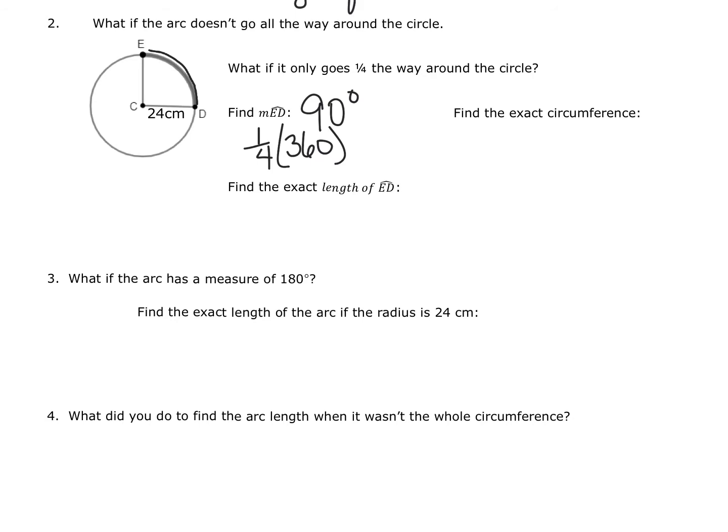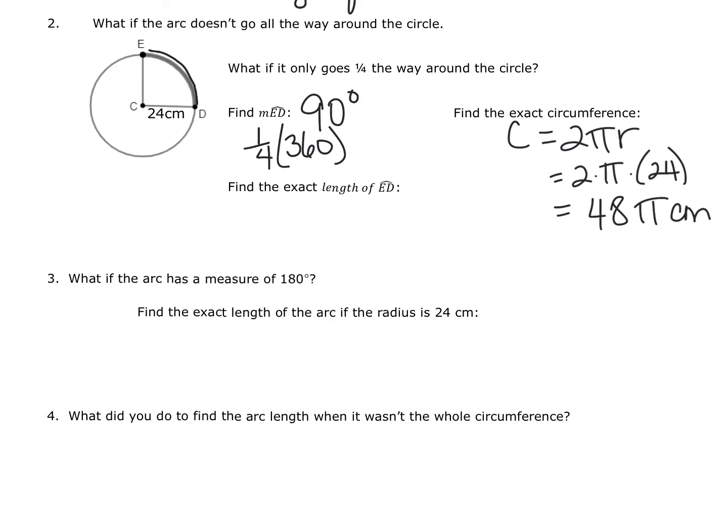Now to find the exact circumference of the circle, we know the circumference is 2 pi r, so that is 2 times pi times 24, which is our radius, which is 48 pi centimeters.